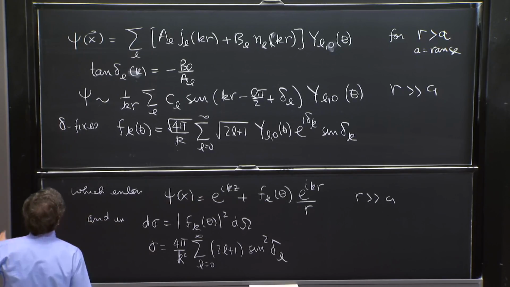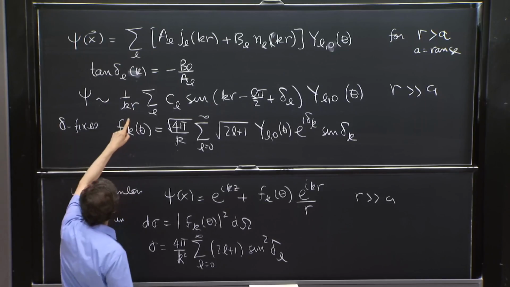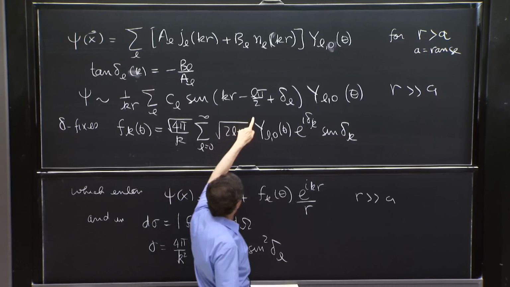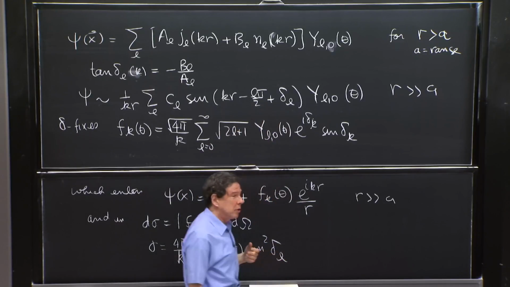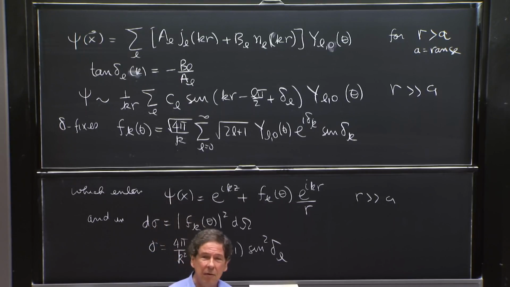Then, given that relation, the solution above, when you use the asymptotic expansions for j_l and n_l, takes that form with a sine of kr minus l pi over 2 plus a phase shift, which is another way where you can read the phase shift of your solution.